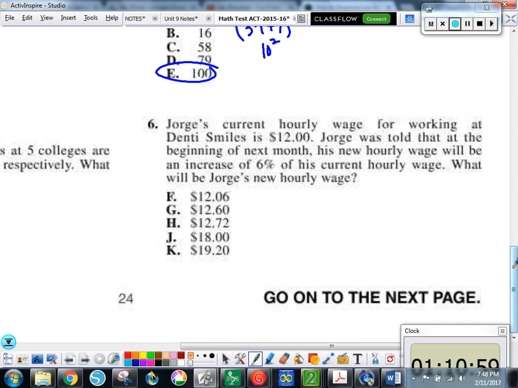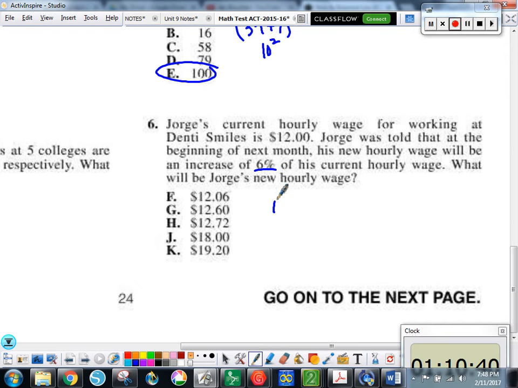Okay, number 6, George's current hourly wage for working at Dent Smiles is $12. George was told that at the beginning of next month, his new hourly wage would be increased 6% of his current hourly wage. What will be George's new hourly wage? Ooh, we just did problems like this. This is our rate, right?